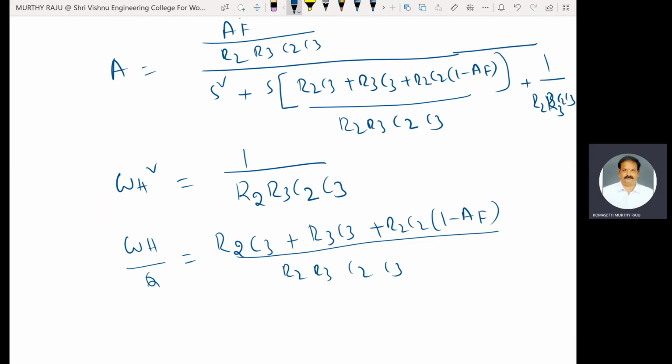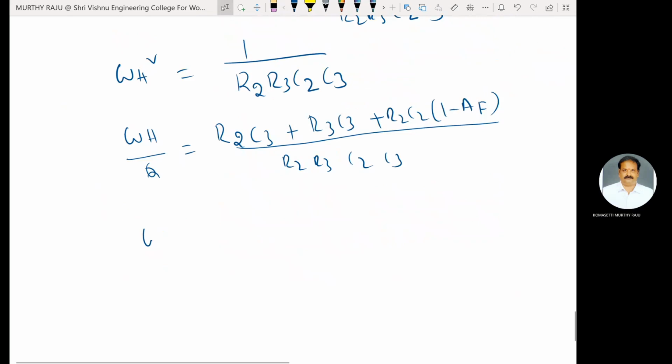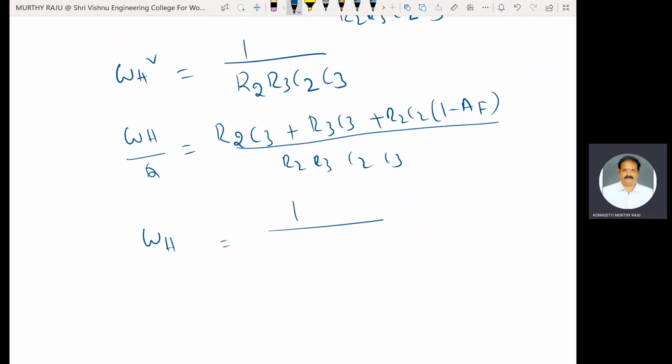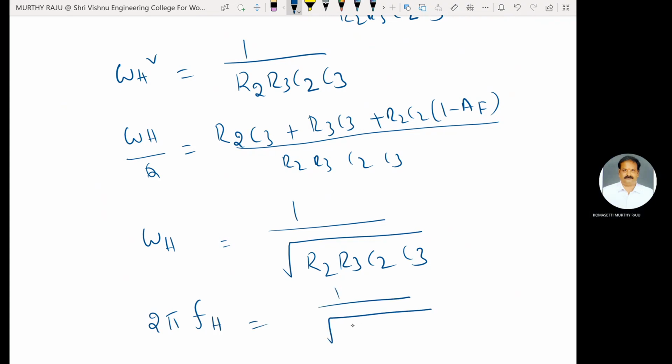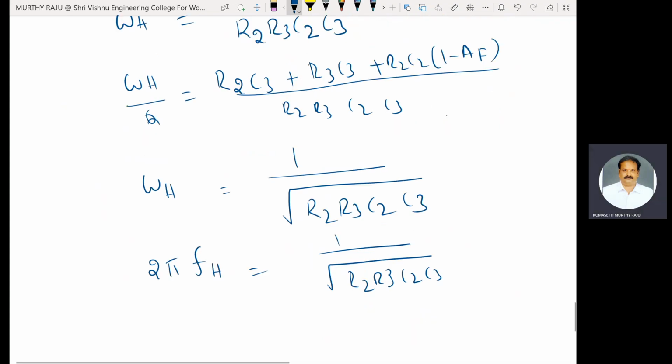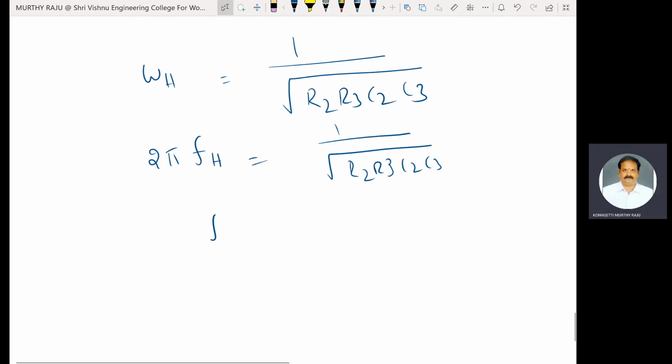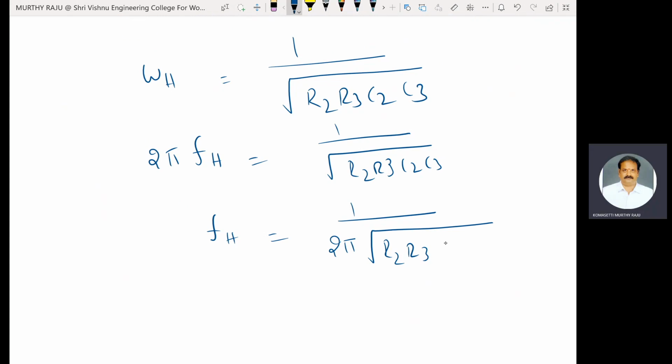Okay. Therefore, omega H is equal to 1 by square root of R2 R3 C2 C3. Omega H is equal to 2 pi FH, so FH is equal to 1 by 2 pi square root of R2 R3 C2 C3.